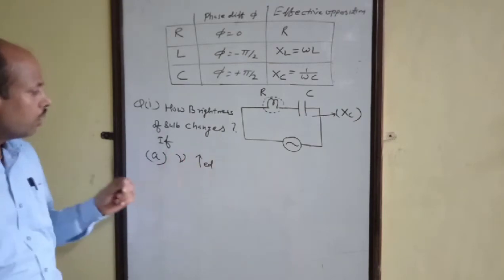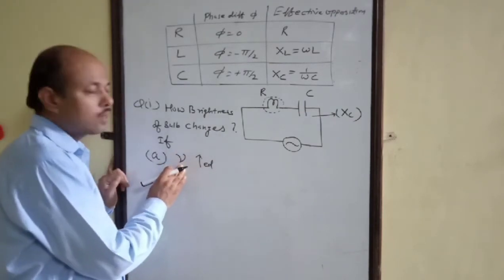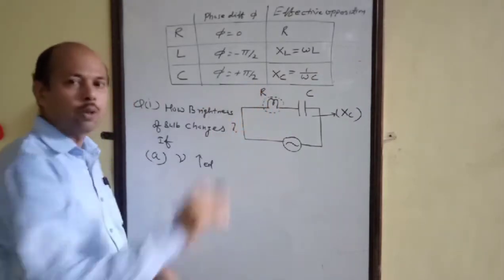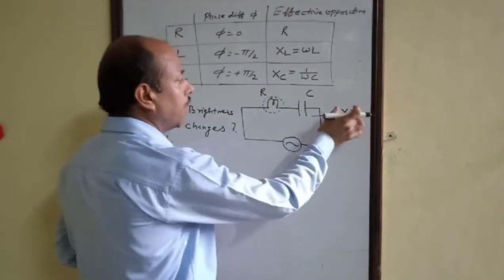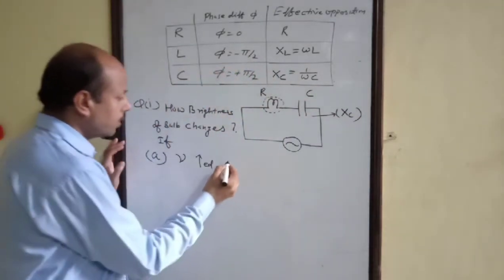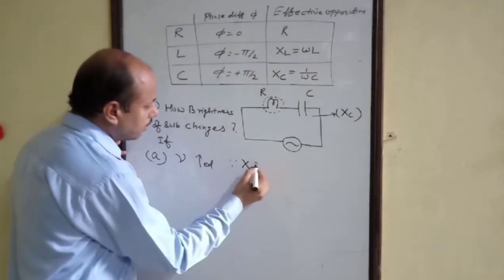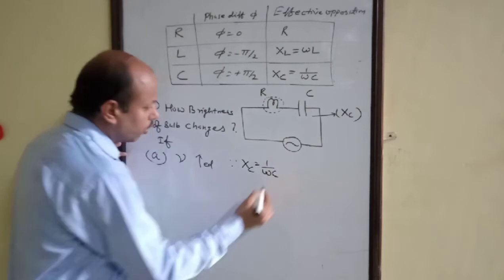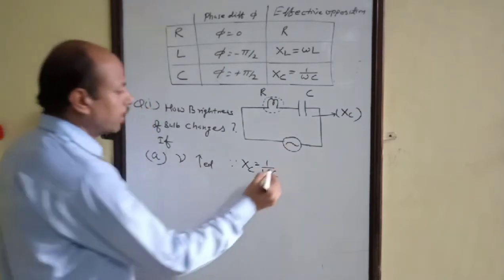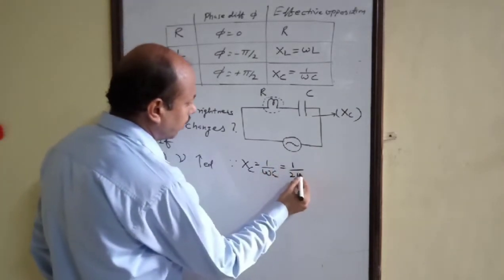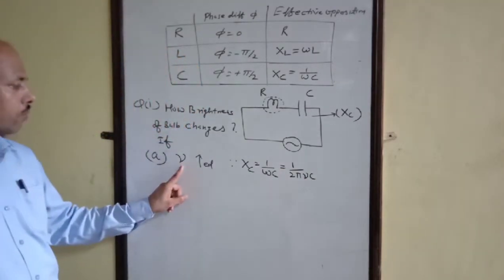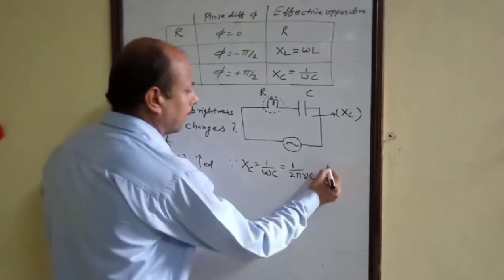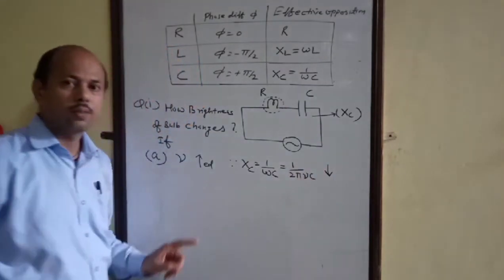Now we have to see, if frequency increases, we know that on R there will be no effect, the resistance will not change. Xc will change, since Xc equals 1 upon omega c, or 1 upon 2 pi f c. Therefore, as frequency increases, Xc will decrease.